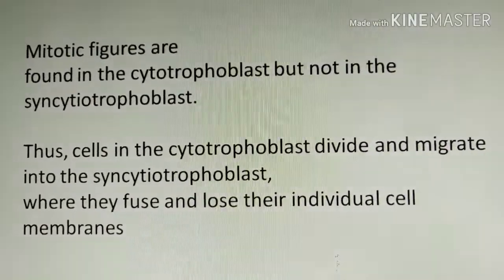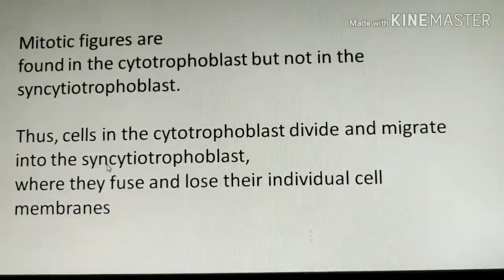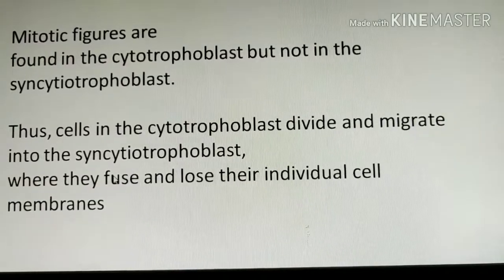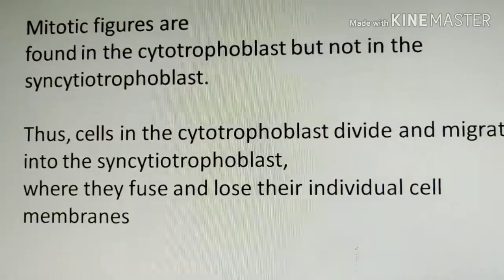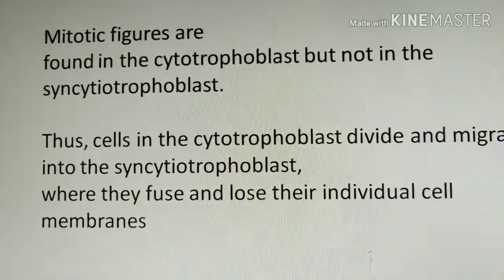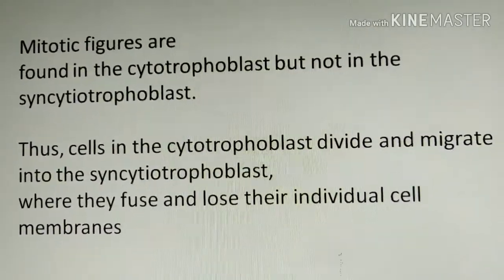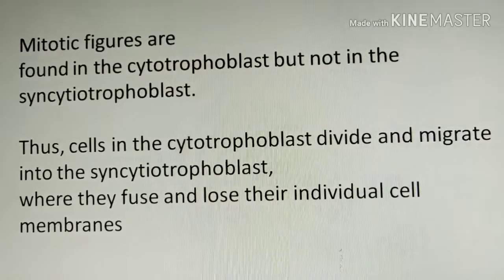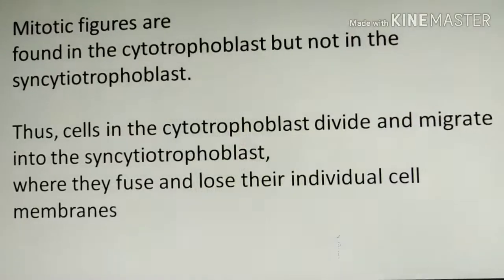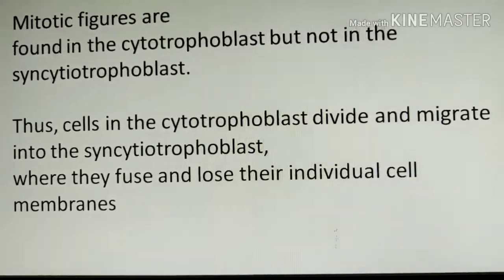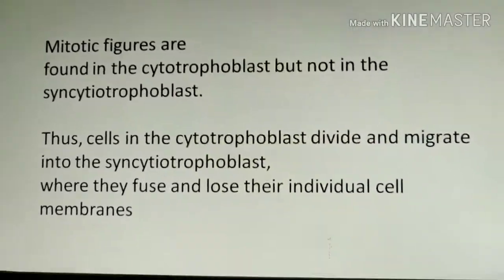Cells of the cytotrophoblast divide and migrate to the syncytiotrophoblast, where they fuse with each other, lose their individual cell membranes, and form a multinucleated syncytium, known as the syncytiotrophoblast.